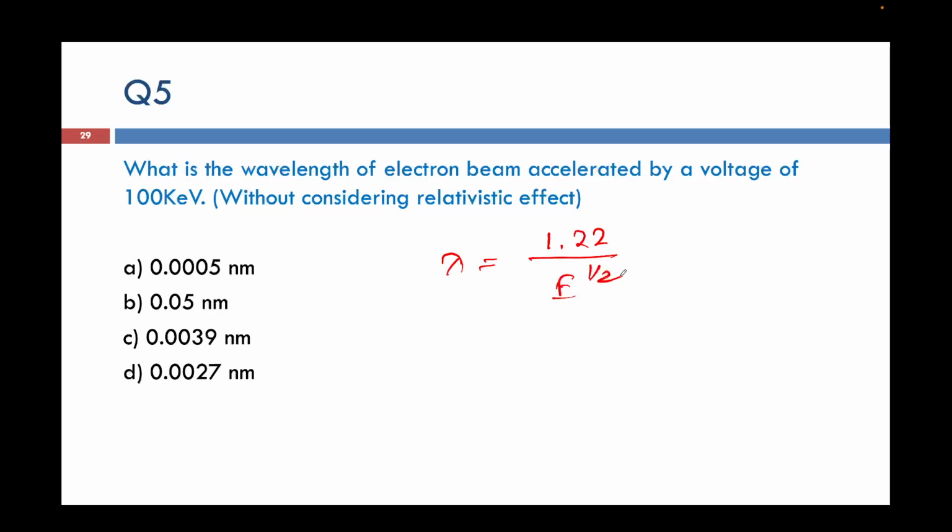If we are considering the relativistic effect, then the formula will change. But if we are not, and remember here lambda will be in nanometer and E will be in electron volt, you have to put 1.22 divided by 100 kilo, where kilo means 10 to the power 3, into electron volt to the power half. Can anyone calculate and tell me?